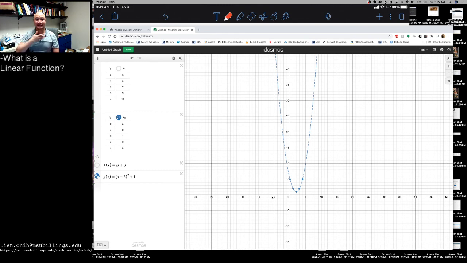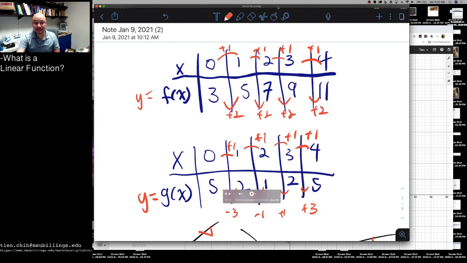So in the example we just laid out, f of x, which is represented here at the top, is a linear function, or looks like it could come from a linear function, and g of x down here certainly cannot be represented by a linear function.